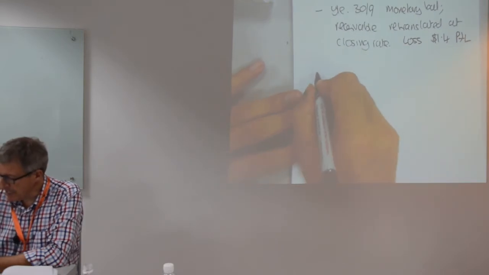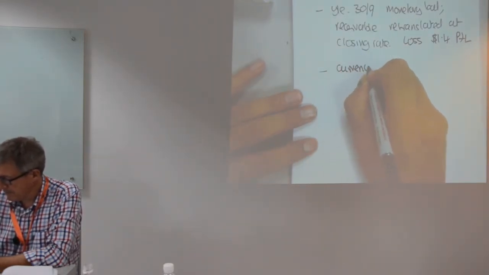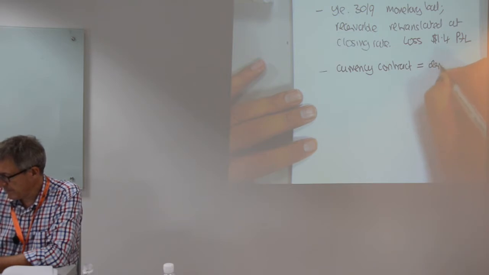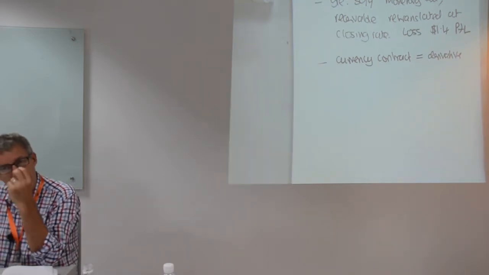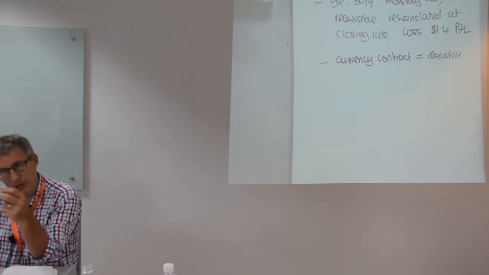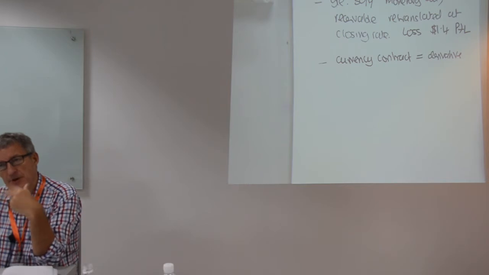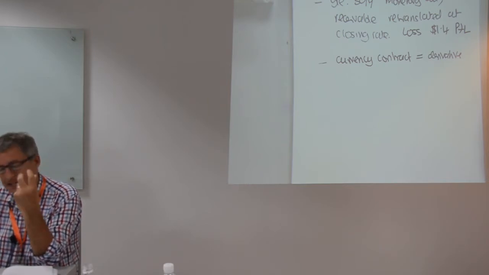The currency contract is a derivative. It's a financial instrument that has been entered into at little or no cost, whose value is derived from the price of an underlying item, and is designed to be settled at a future date.